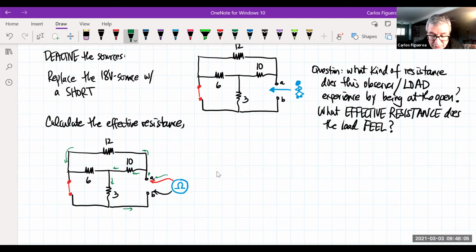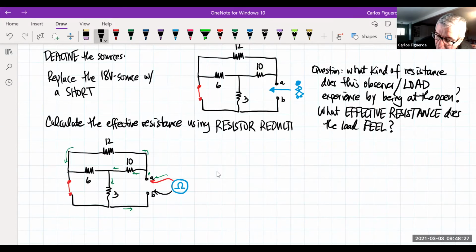So I'm going to follow the current. We calculate the effective resistance using resistor reduction. If you're getting caught up on that, a good thing to do is draw in nodes. You could see there's this node, and then there's this node.